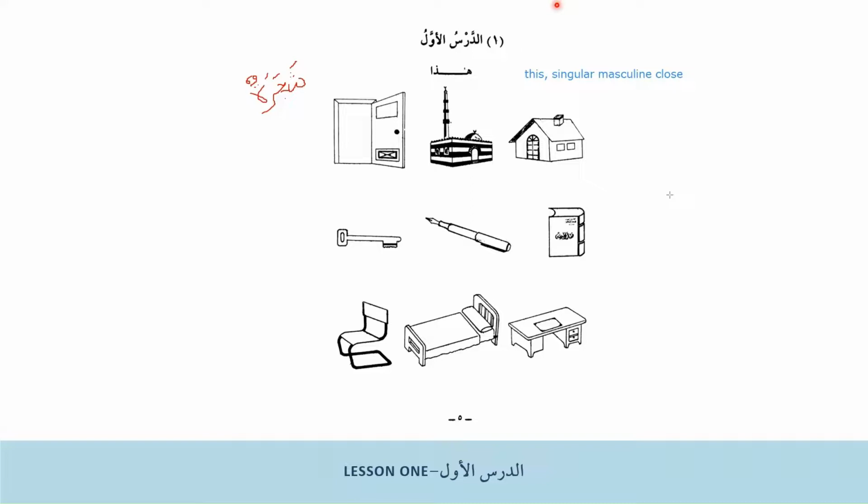And when you actually structure the sentence from English to Arabic, that's where sometimes the challenges lie. If you can become accustomed and habitual to putting words from English to Arabic, that will help your speaking skills as well. Okay, so هذا مفتاح is the right answer.